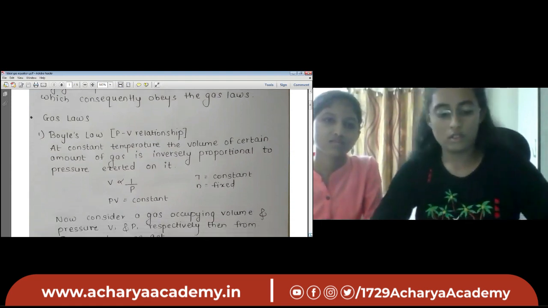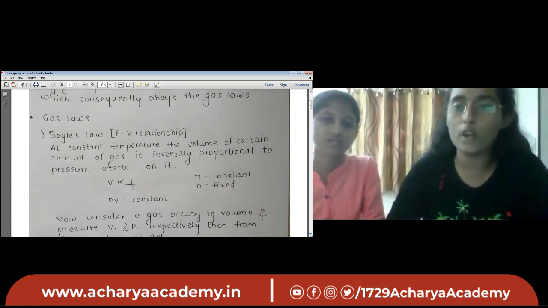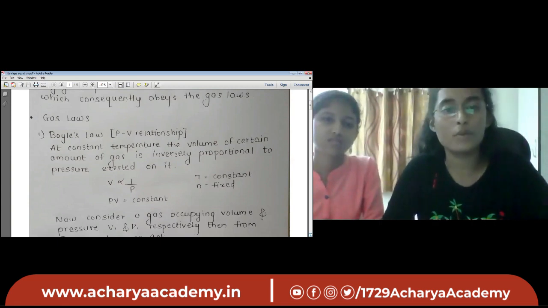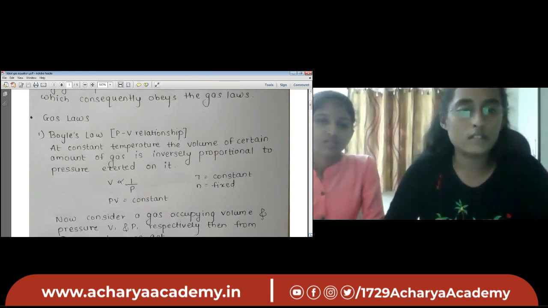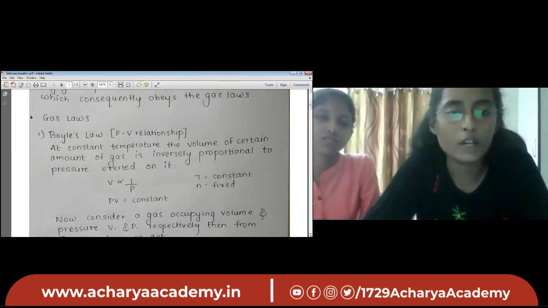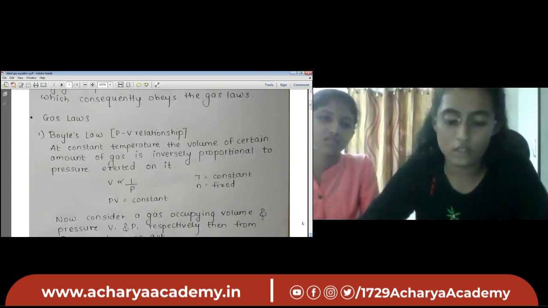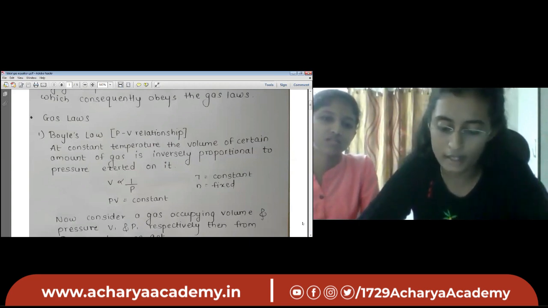So let us start with the first law, which is Boyle's law, given by the scientist Robert Boyle. Let's start with the statement: at constant temperature, the volume of a certain amount of gas is inversely proportional to the pressure exerted on it.